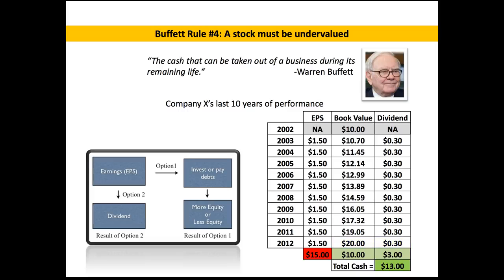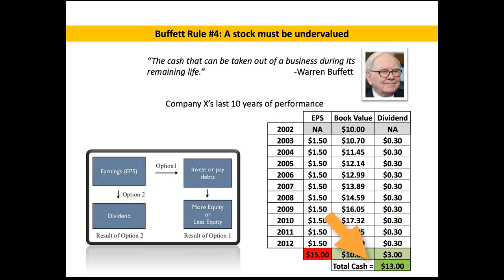And so if we sum all of the EPS that would have occurred for that 10-year period, we would have had $15, okay? So all the profit that company received for one share would have ended up being $15. But when we look at the combination of the book value and the dividend, which we know is the result of our two different options, it only ended up totaling $13.